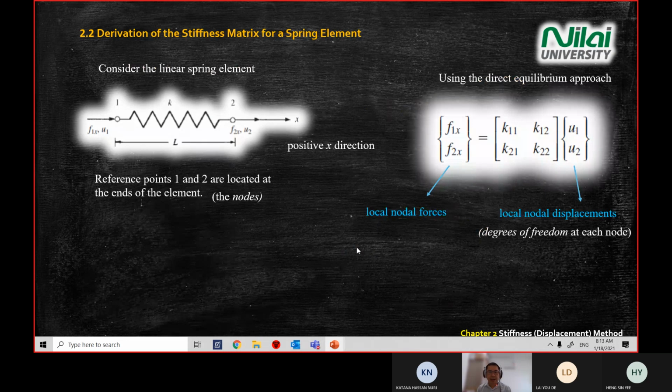We already covered a spring structure with two nodes, node 1 and node 2, and these two nodes are free to move. We already discussed how we convert a spring system, the left diagram that you see on the screen now, into matrix form, which is also F equal to KD.